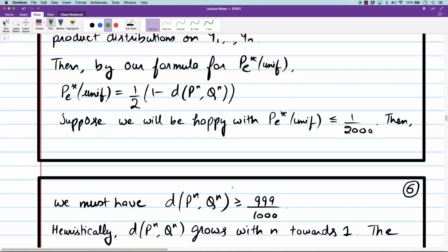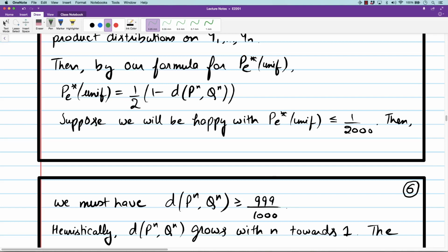So as n grows to infinity, this distance between Pn and Qn will tend to 1. Actually, you can convince yourself about it. If you have IID repetitions, the distance between Pn and Qn, the independent copies, will grow, and it will grow to 1.